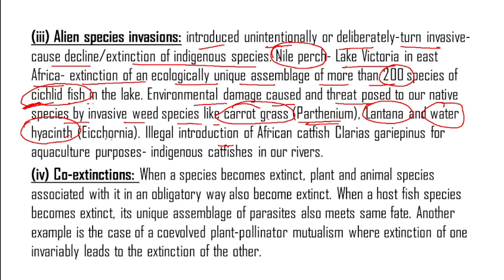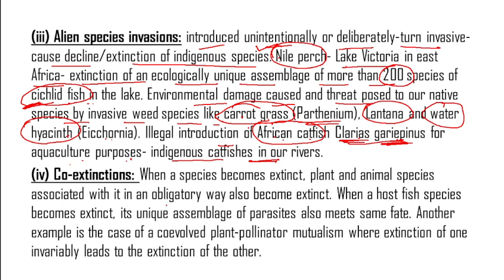The third example is the illegal introduction of African catfish. What is the name of that African catfish? It is Clarias gariepinus. It is a scientific name, so it should be underlined or written in italics. African catfish, Clarias gariepinus, was introduced for aquaculture purposes. Because it was introduced, some of the indigenous catfishes of our rivers became extinct. So we've talked about the Nile perch, some plants such as carrot grass, lantana, and water hyacinth, and the African catfish.